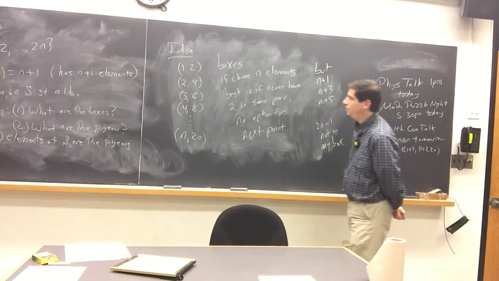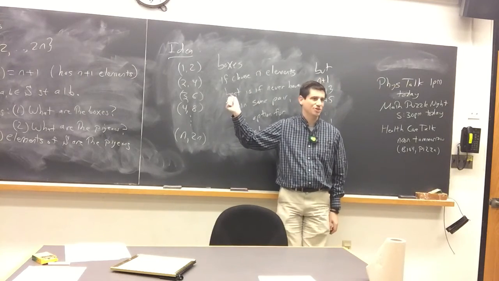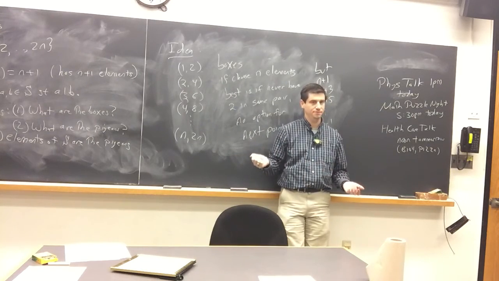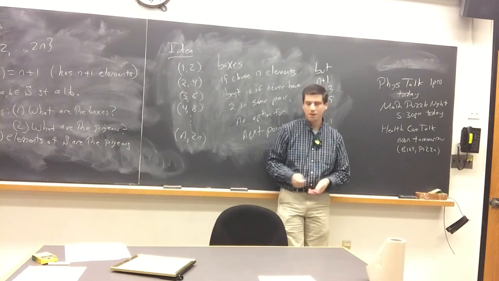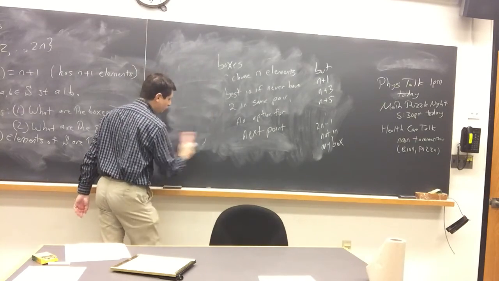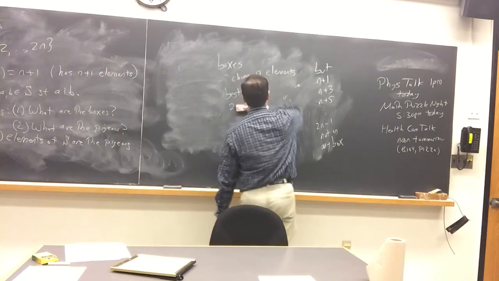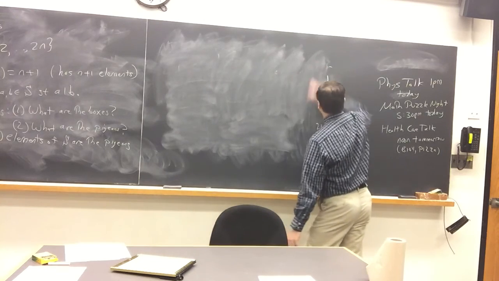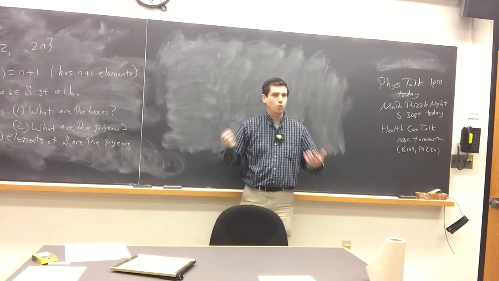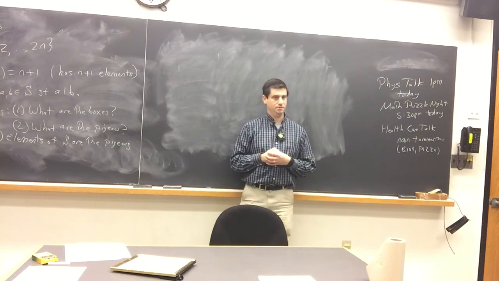So this is close to what works. The reason it doesn't work is the boxes are not exhaustive. But a small tweak of this will work. And the idea is to go back to what does it mean for A to divide B? You were trying to get one of them to be twice the other.